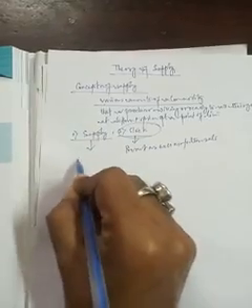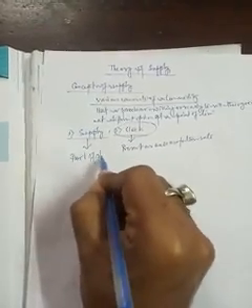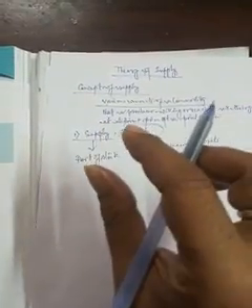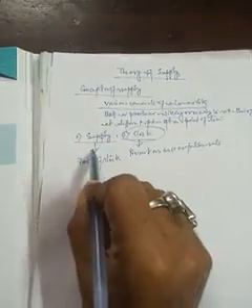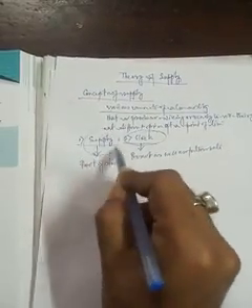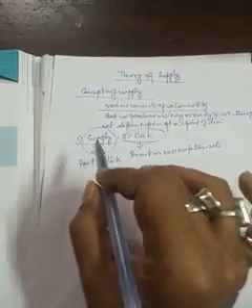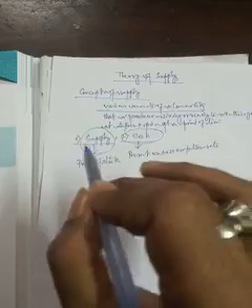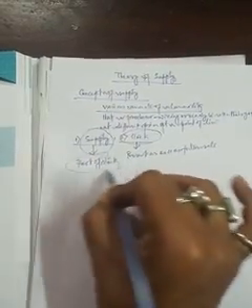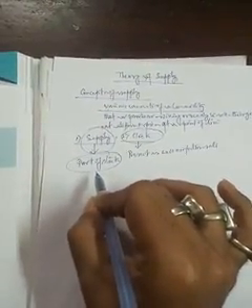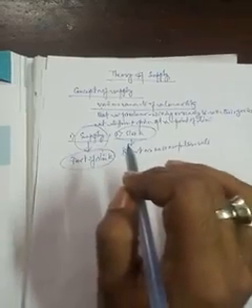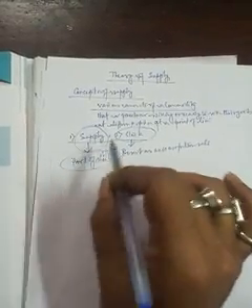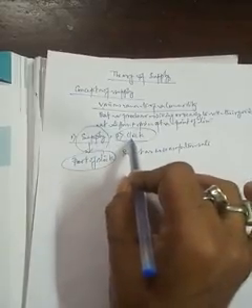Supply is a part of stock which is ready to sell at a given price, that is supply. So these are the two different concepts of supply and stock.